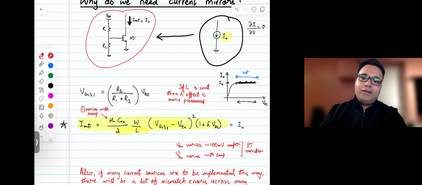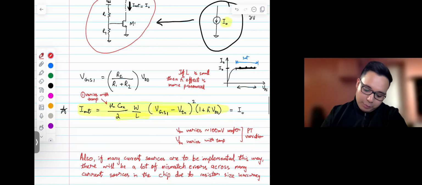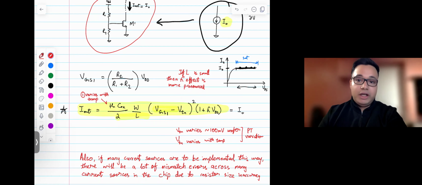Or you could be in Dubai at plus 45 degrees Celsius, peak summers, and so you'll get a different mobility, right? And so if the mobility changes with temperature, then I out will change based on temperature. Is that something we really want?